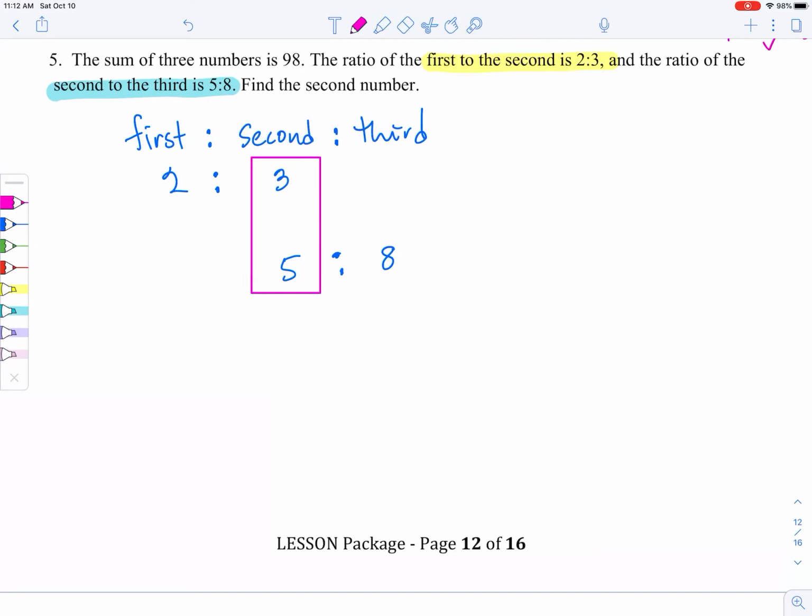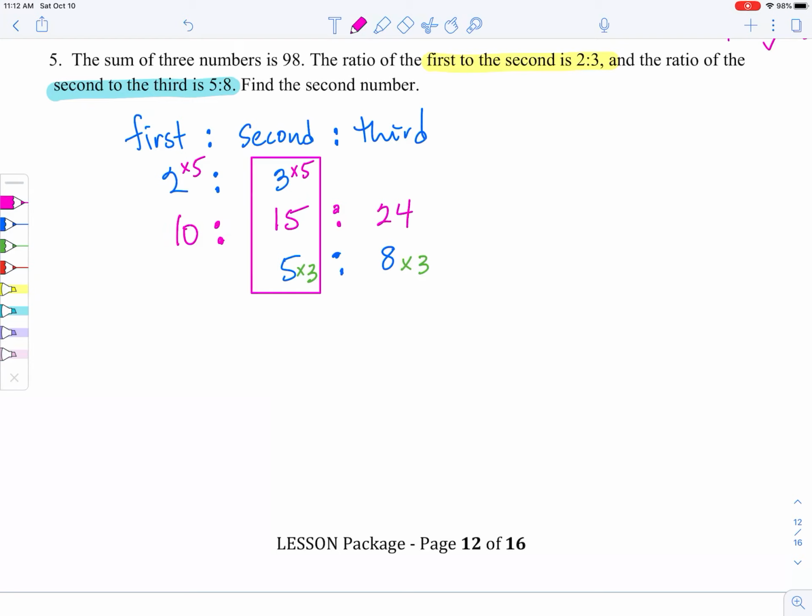So one way to make them the same would be to say, what do we get if we multiply these two numbers? And that number would be 15. To get 3 to 15, I'd have to times it by 5. So then I'd have to multiply the first part of my ratio by 5. So that would give me a 10 there. And to get from 5 to 15, I multiplied by 3. And if I do it to that first part, I'd have to do it to the second part. And that would give me 24.